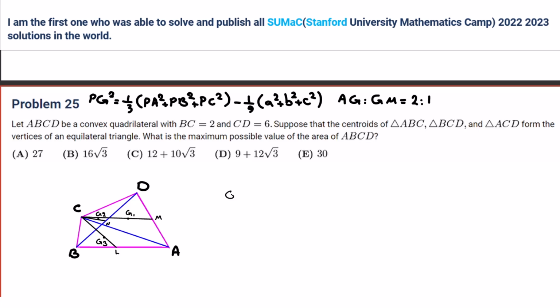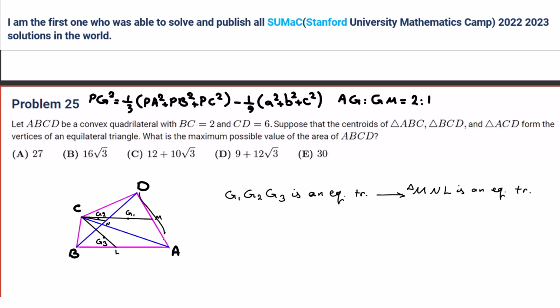Then we know G1, G2, G3 is an equilateral triangle, right? We want to see, can we prove from this that MNL is also an equilateral triangle or not? So try to see if it's correct or not. If it's correct, try to prove it.